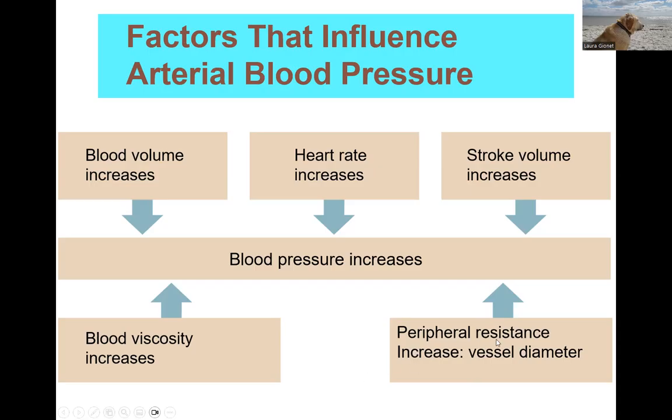Peripheral resistance increases, like vasoconstriction, that'll increase blood pressure, and precapillary sphincters, yep, that'll do it. And the viscosity of the blood, we said, the thicker the blood, the more it slows down blood flow, it increases resistance. That's part of the resistance variable, and as viscosity increases, blood pressure increases.